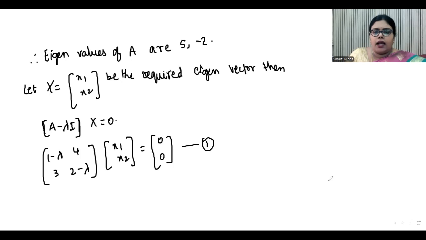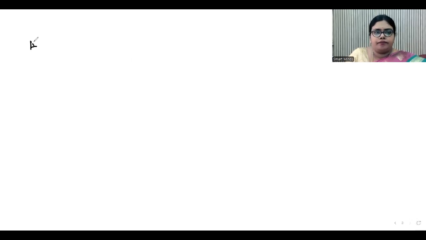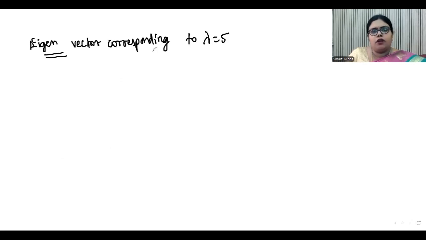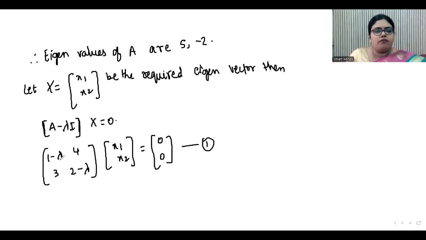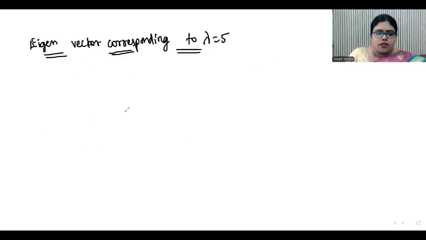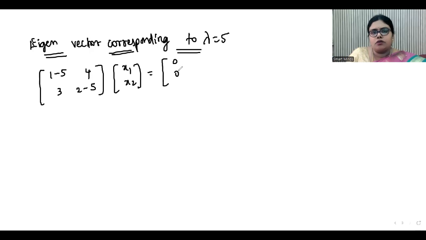Now we need to find eigenvector corresponding to, we got two values for lambda. Let us take the first value, lambda equals 5. Now what to do? In equation number 1, wherever you have lambda, you put 5. So you will get [1 minus 5, 4; 3, 2 minus 5] into [x1, x2] is equal to [0, 0].